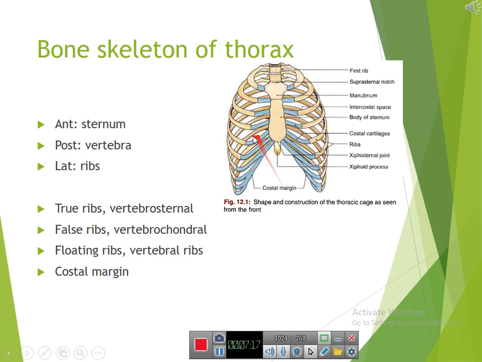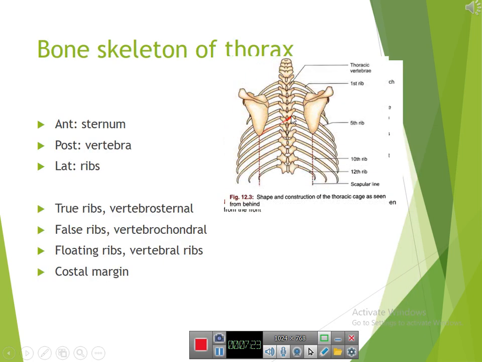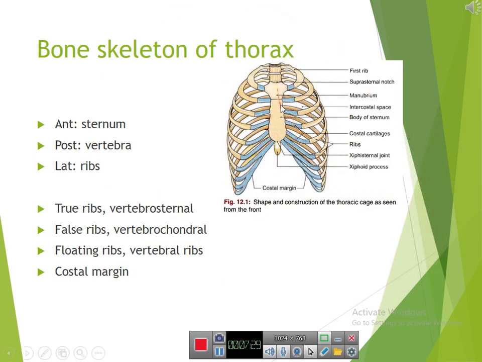The costovertebral, costotransverse, manubriosternal and chondrosternal joints permit movements of the thoracic cage during breathing.